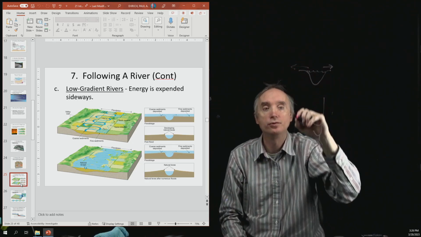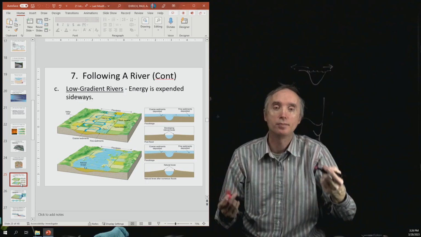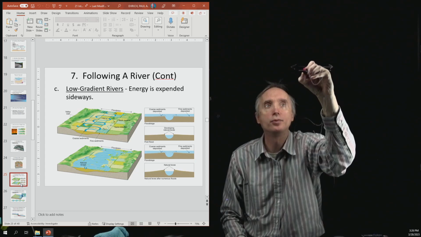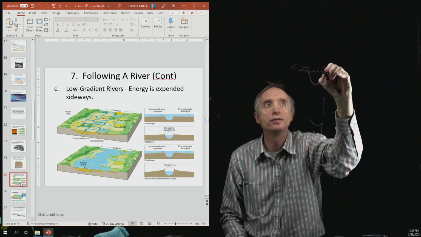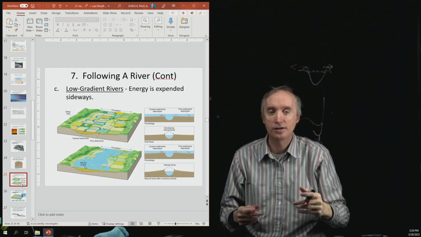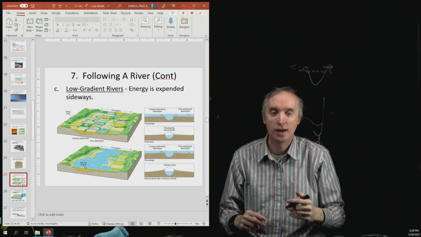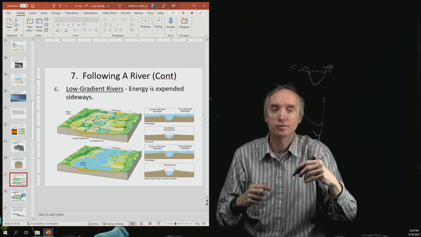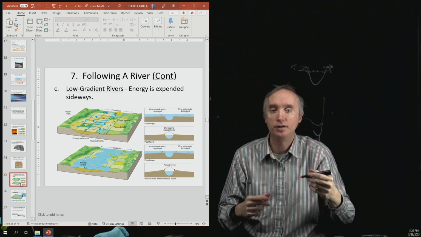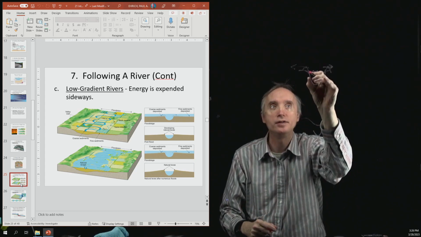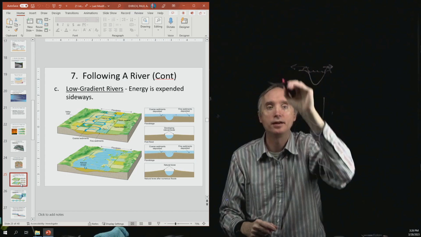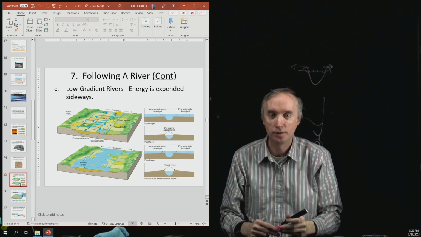And then what it will do is, once it slows down, it's going to deposit sediment. So it will start to build up sediment on either side of the channel, and then those are going to be called natural levees. And so what that can do is, whenever you have an extra amount of discharge in the river, those levees can keep the water from overtopping it and then getting onto the floodplain.